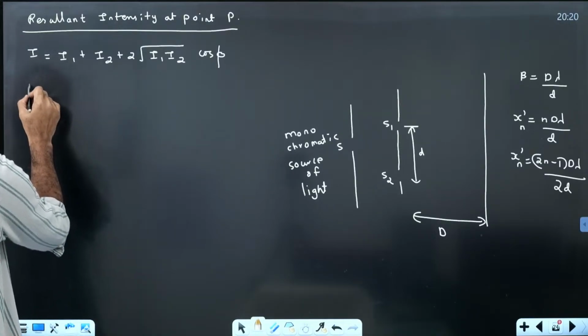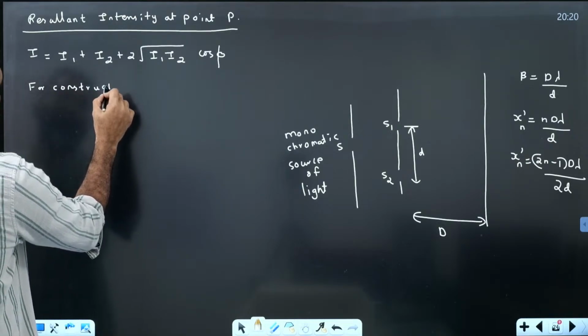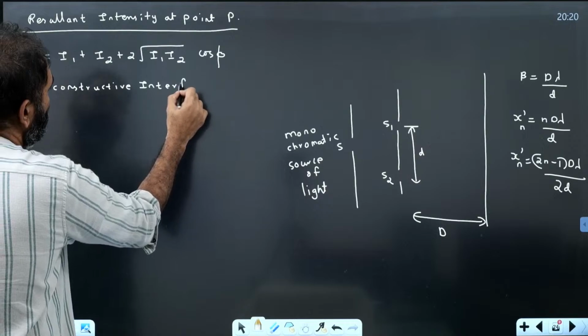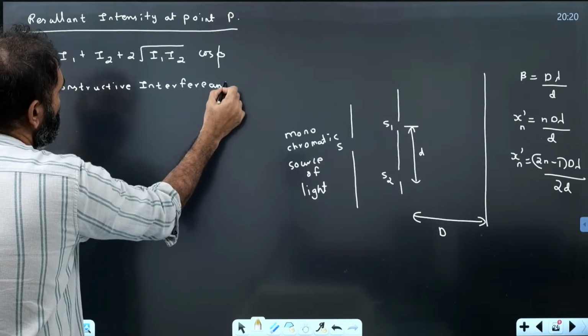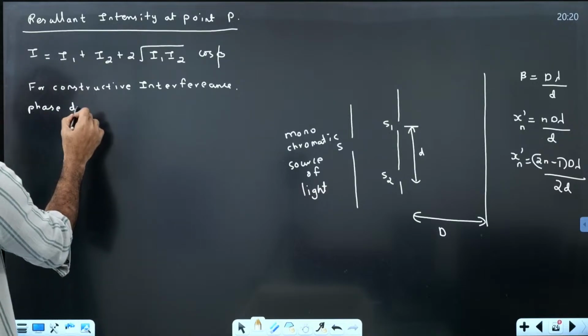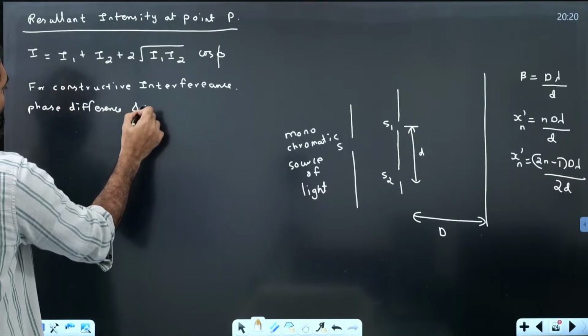Now, for constructive interference, phase difference, in some books you can see delta phi.